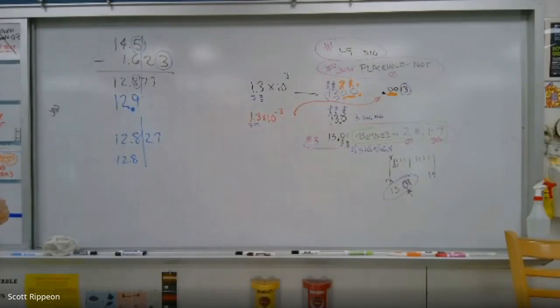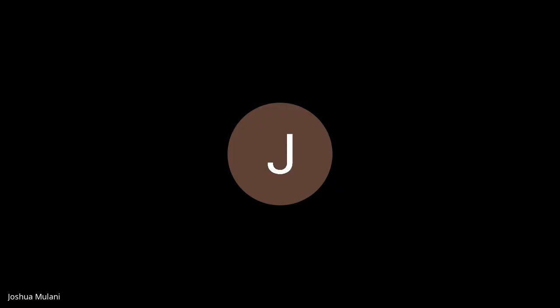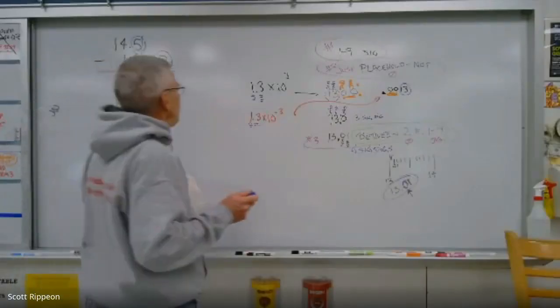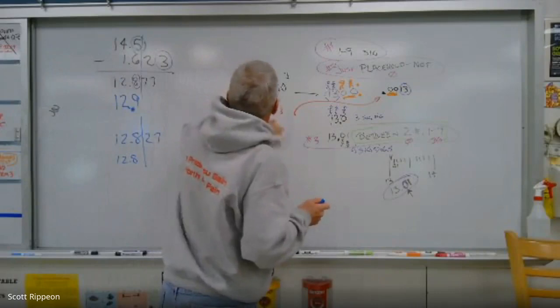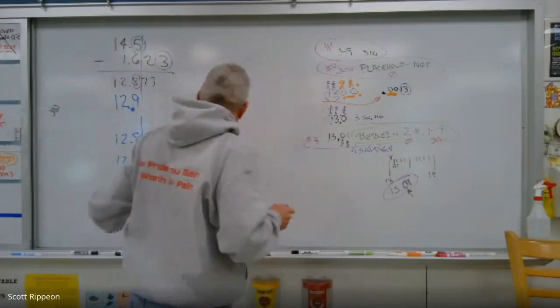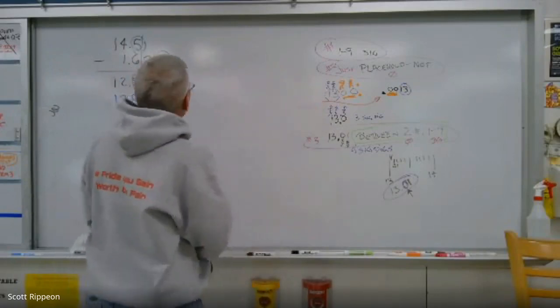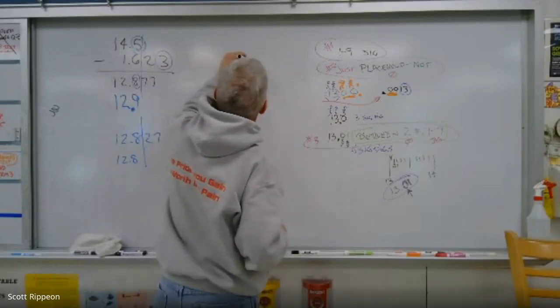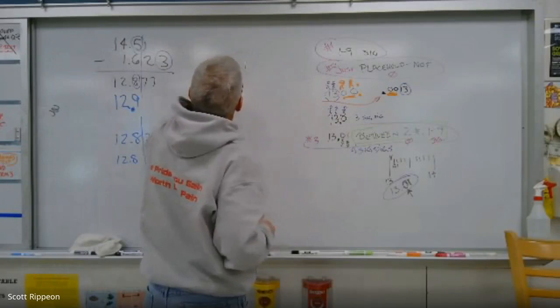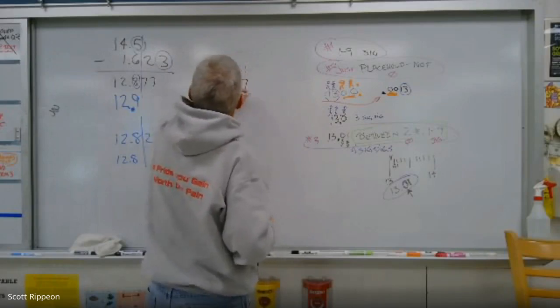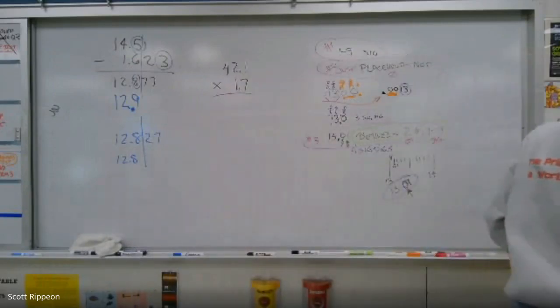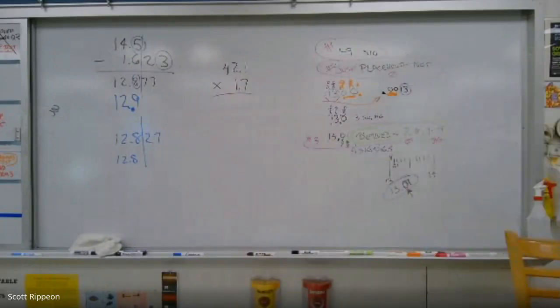Good? Okay. Multiply and divide, even easier. If I go 42.1 times 1.7, I've got no idea what that is. Where's the calculator? Somebody stole my calculator. You got a calculator?